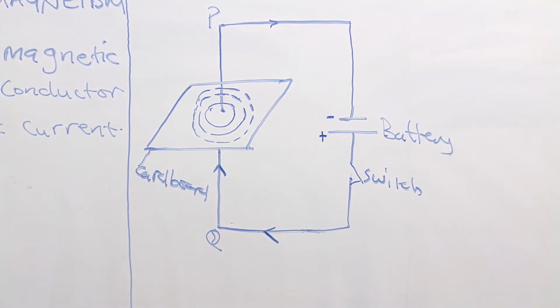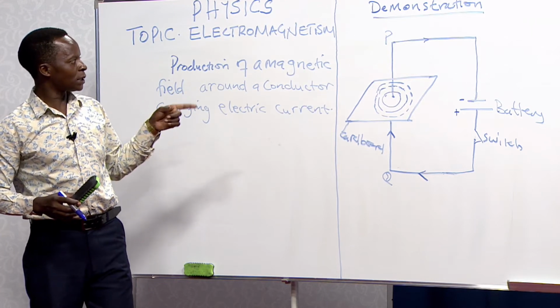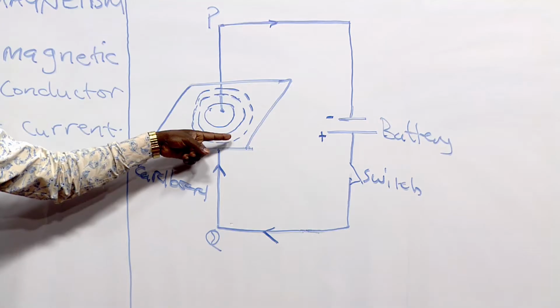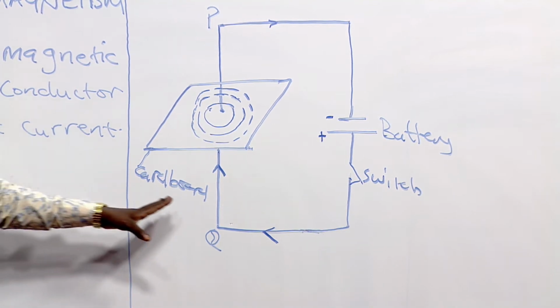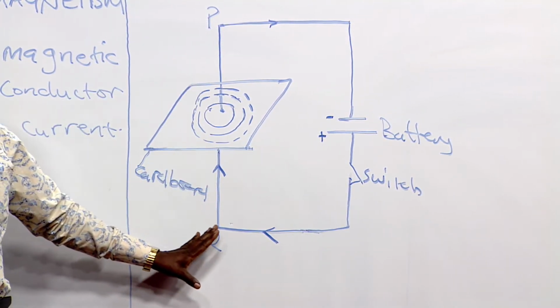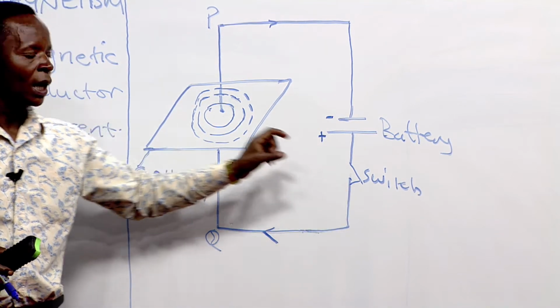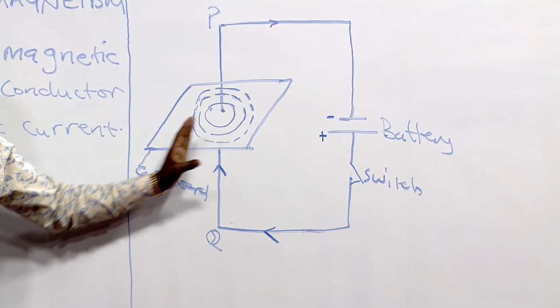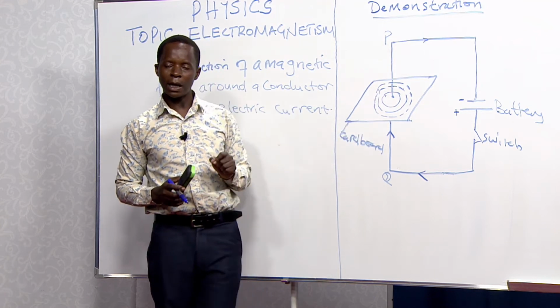So that is the demonstration that when a current flows, there is going to be a magnetic field around that conductor that is carrying current. So here we are saying that a vertical wire PQ is connected to a battery through a switch, and that vertical wire is made to pass through a cardboard. Then iron filings are sprinkled on the cardboard.